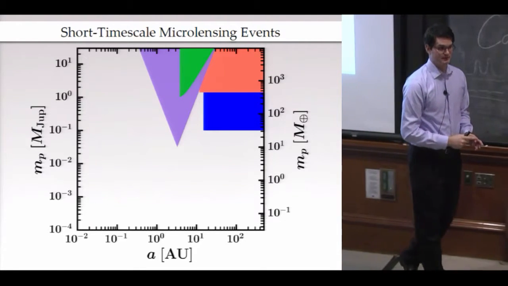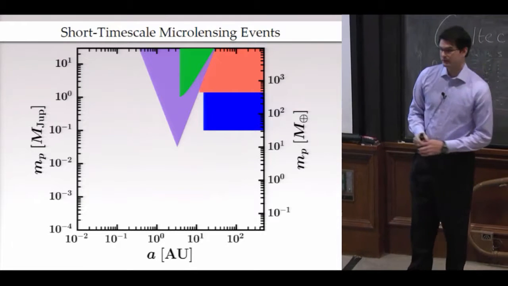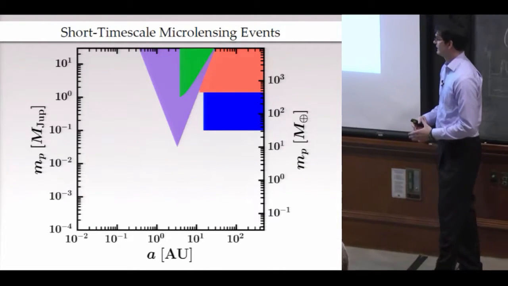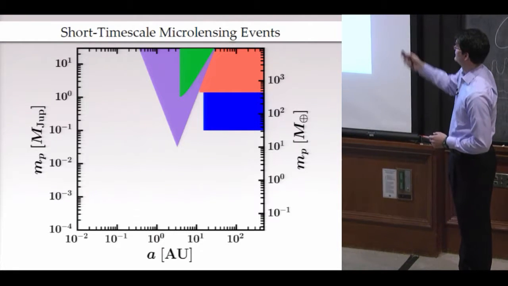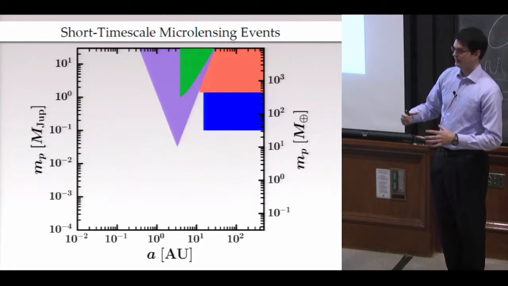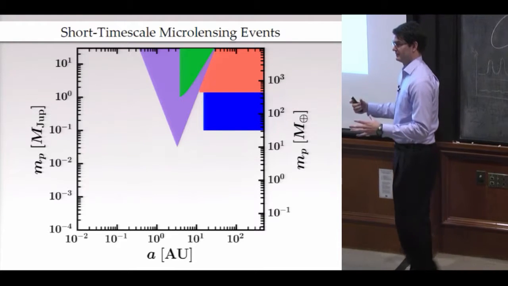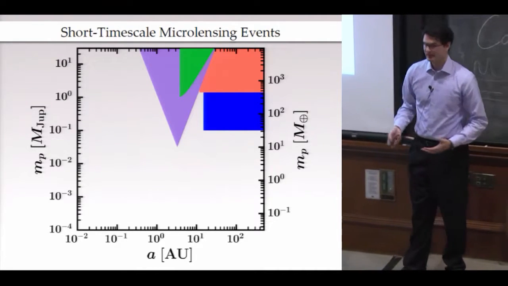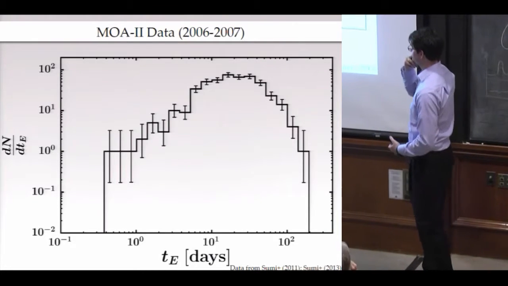However, the catch is that when we detect these things, we detect them as free-floating planets with microlensing, as single-lens events. It actually turns out to be a very difficult problem to distinguish wide separation planets, very wide separation planets, from free-floating planets. This is just due to geometry. I'll tell you a little bit about that.